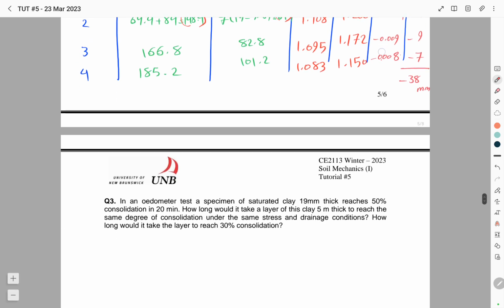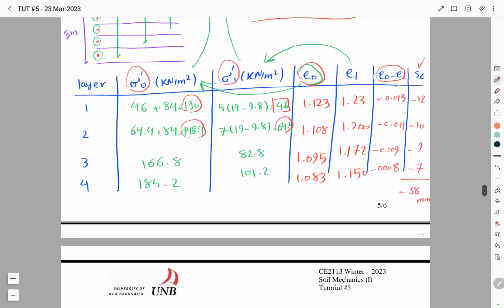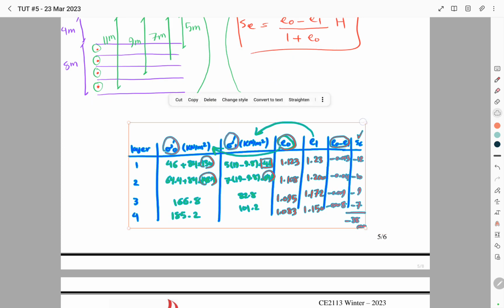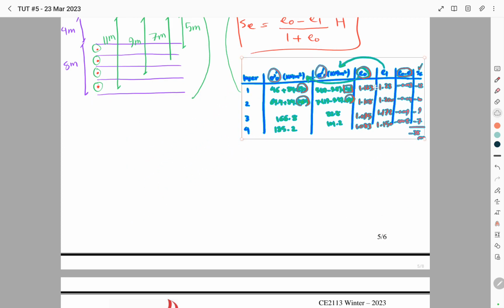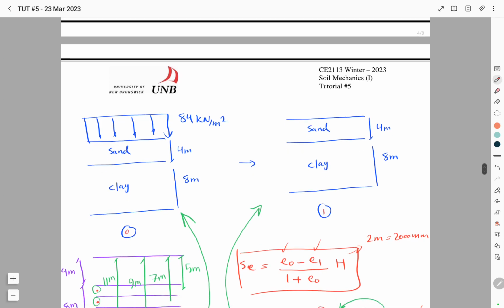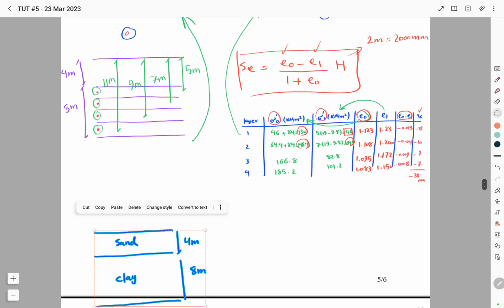So if I summarize everything, we had this 2-layer of sand and clay.